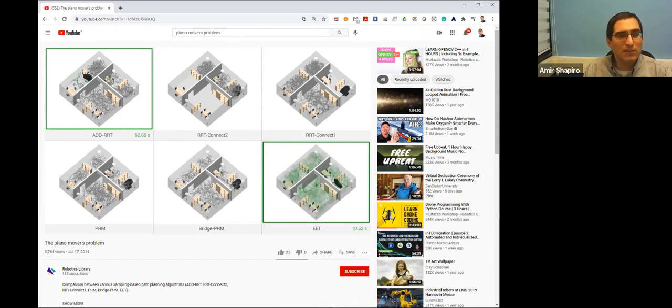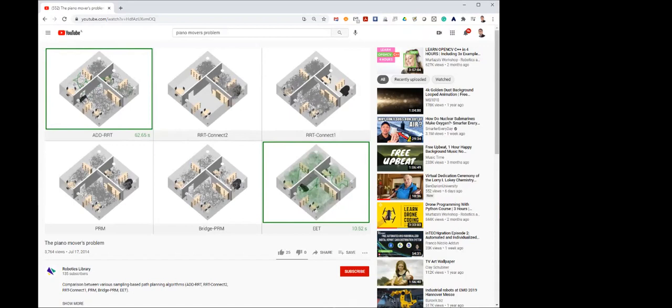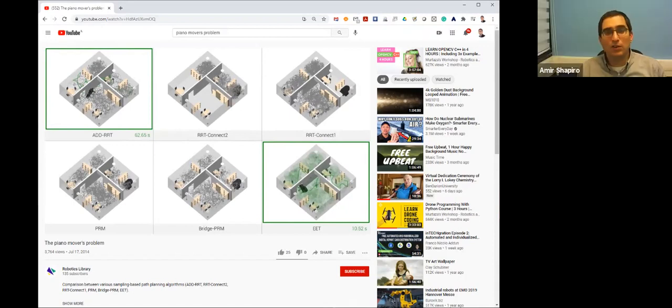You can see here several algorithms that solve the problem in various ways. All of them can find a solution. Some take longer, some take less. Some algorithms here are probabilistic.